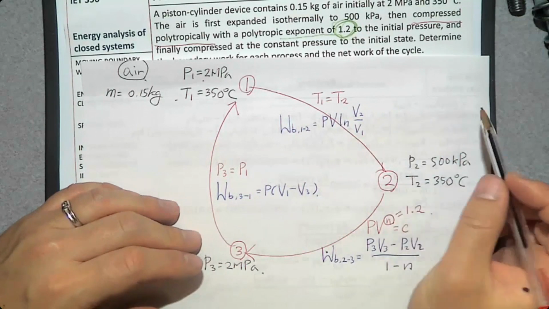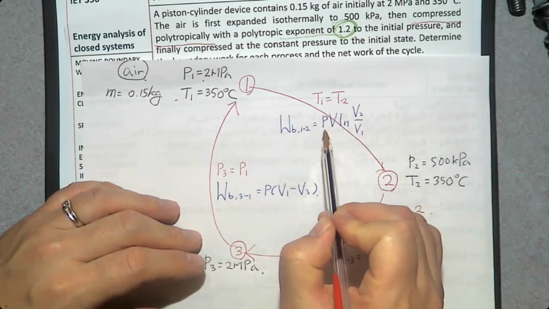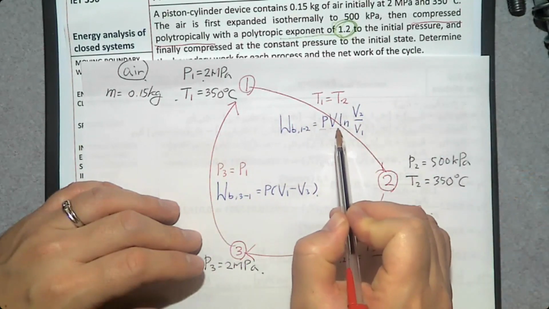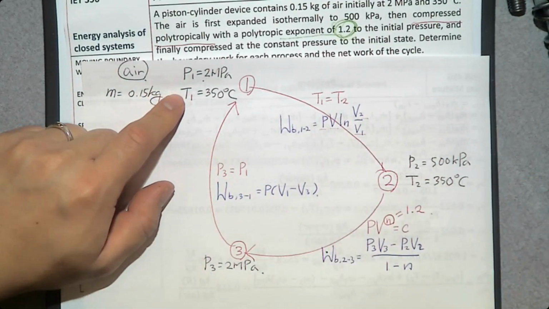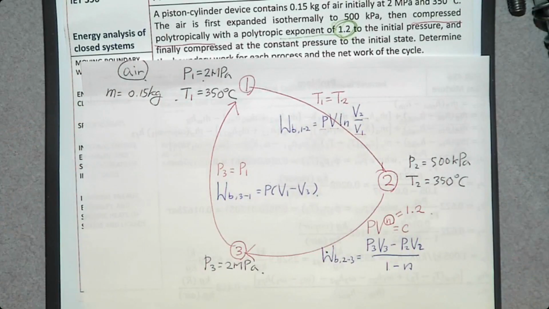To determine this moving boundary work, what do we need to know? We need to know pressure, volume, V1 and V2. Do we know V2, V1? No. Then how can we solve this problem if you do not know V1? Do you remember any equation that we studied?